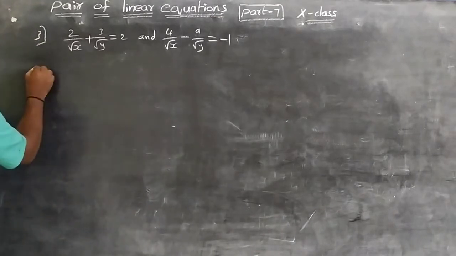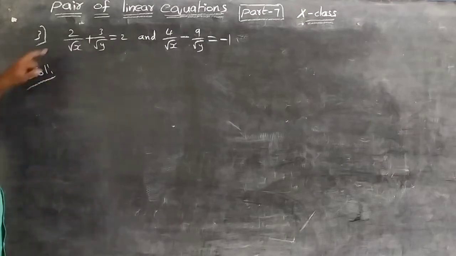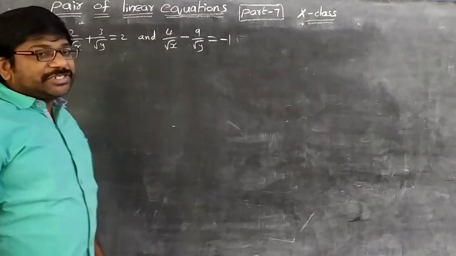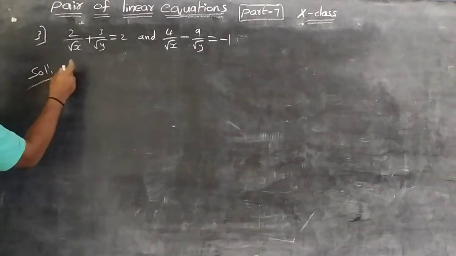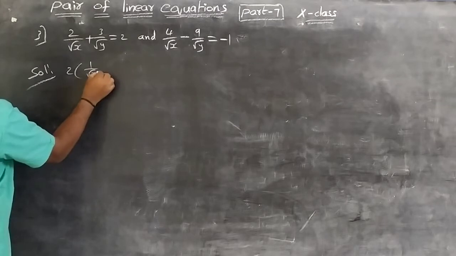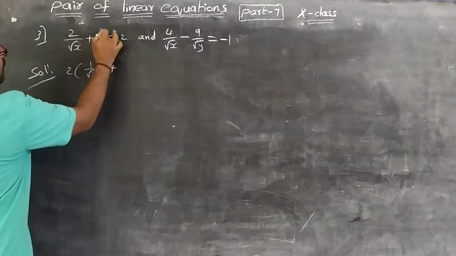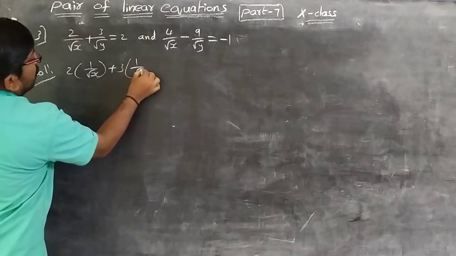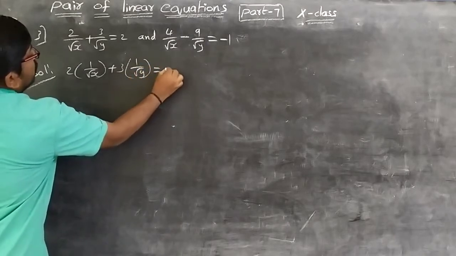So observe carefully. Here 1 by root x and 1 by root y are common. So 2 by root x can be written as 2 into 1 by root x, plus 3 by root y can be written as 3 into 1 by root y is equal to 2.